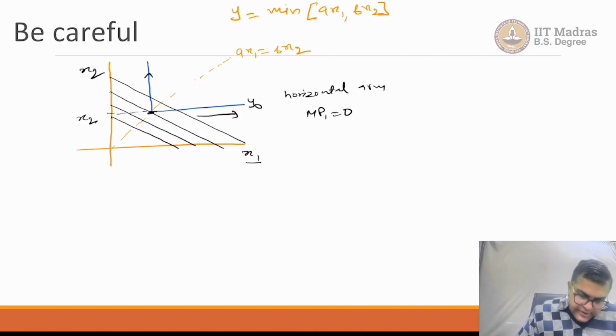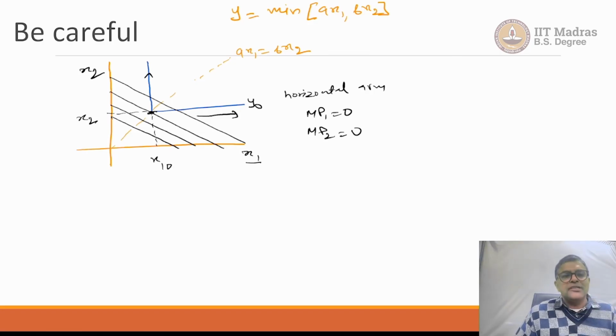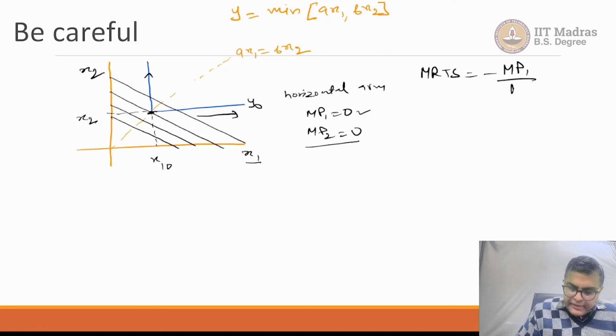And on this vertical arm, MP2 is equal to 0, because we keep x1 fixed at, let us say, x1 naught, and we keep on increasing x2, but there is no increase in output. So MP2 is equal to 0. When we are calculating MRTS, we have minus MP1 divided by MP2. So on this arm, MRTS is going to be infinity, and on this arm, MRTS is going to be equal to 0, and at the corner point, MRTS changes abruptly. So it doesn't make any sense.